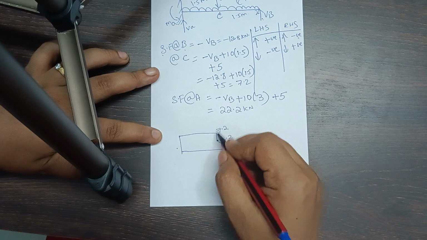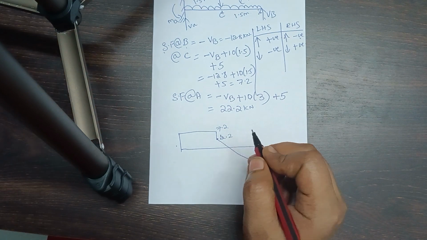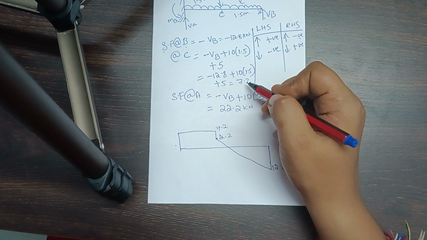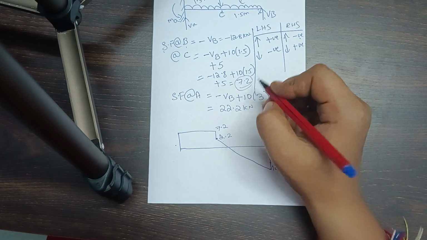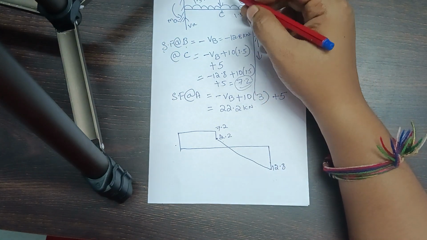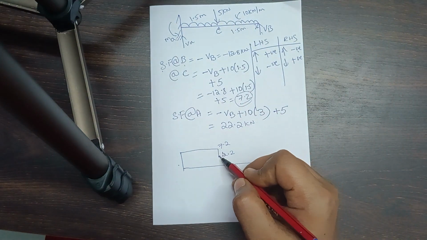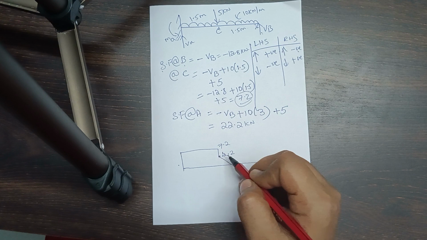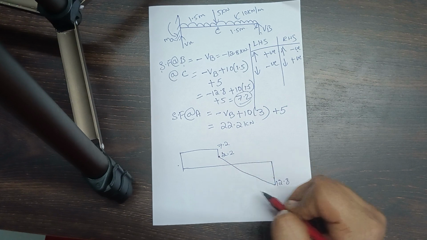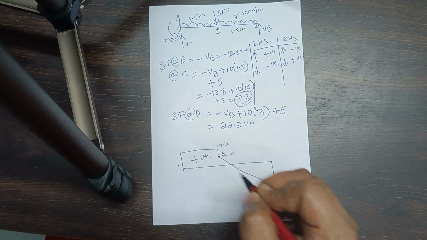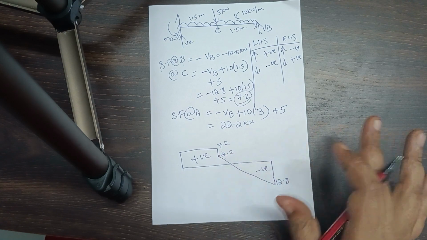This 7.2 and 2.2 is due to this total combination. Why? Because 7.2 is the total, and the 5 kilonewton is the concentrated load acting. If I deduct that, the total will be 2.2, which is due to the UDL. This is how I represent the shear force diagram.